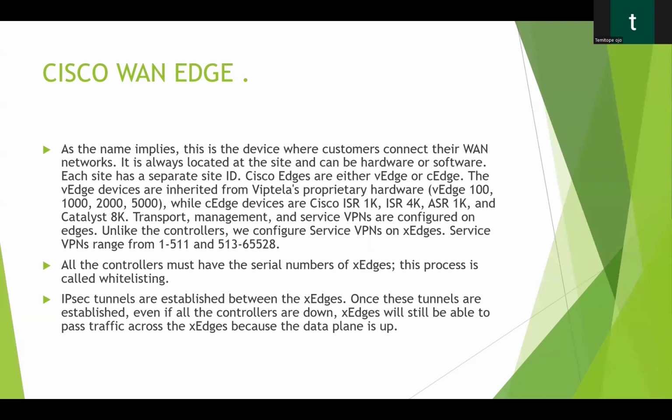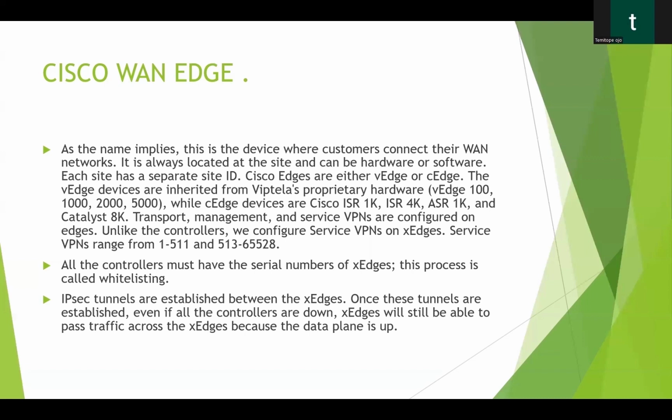I have an edge in Port Harcourt. I have one in Lagos. I have an edge in Ghana. I have one in Nigeria. They talk to each other on IPsec tunnels. Once they want to send their service VPN, it runs only on IPsec tunnels.